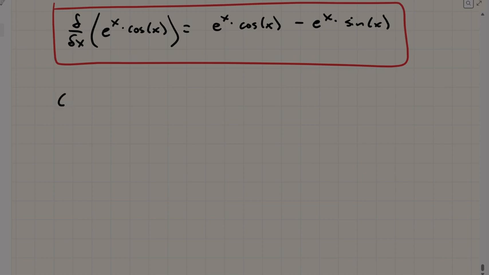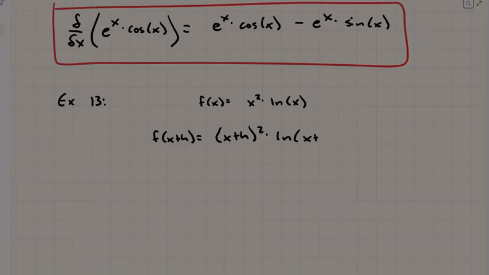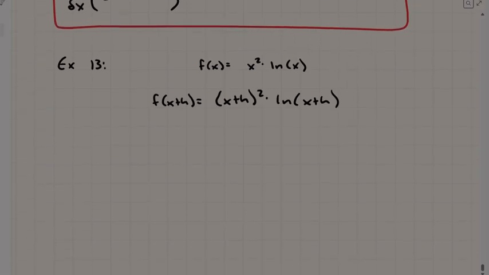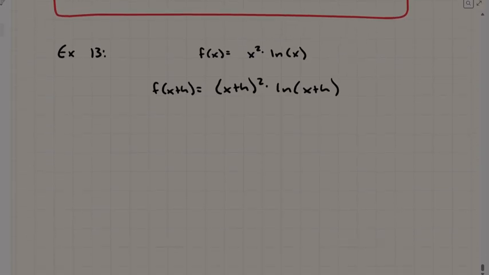All right. Example 13. Let's use the same limit method to find the derivative of x squared times ln of x. Now, first of all, we just want to find our f of x plus h. Substituting in x plus h, we get x plus h squared times ln of x plus h. Let's leave it like that for now, and we might have to do some work on that in a little bit.